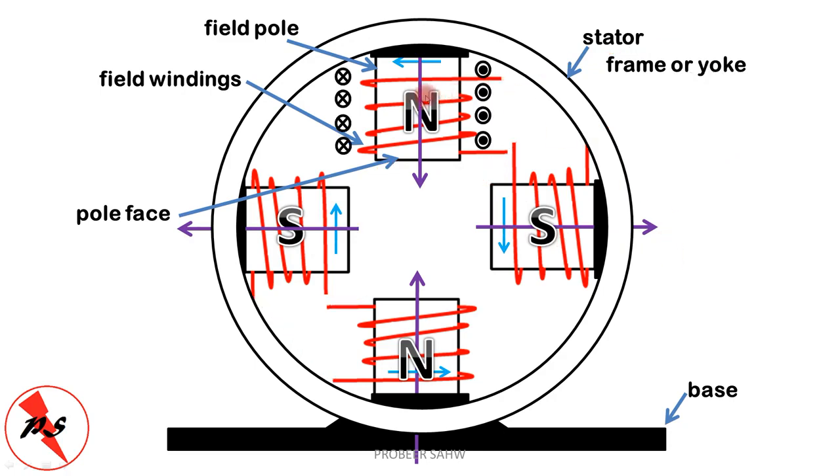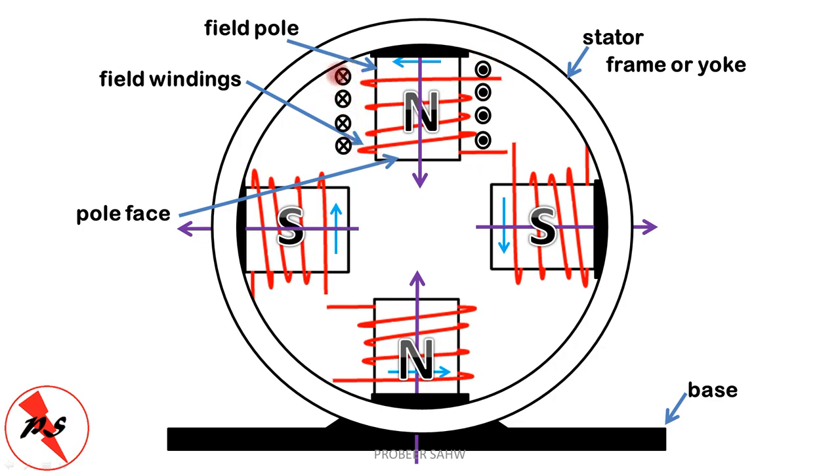Now it is very difficult to show these types of windings in DC machines, because it will crowd our diagram and the analysis will become much more difficult. So instead of showing windings, we show these symbols which represent the direction of current.